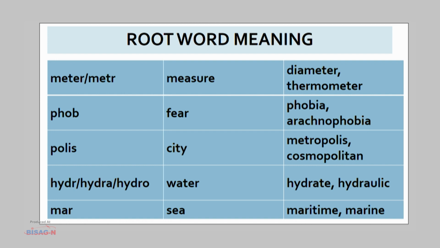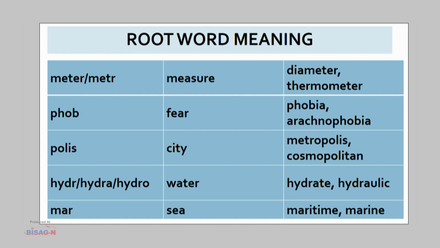Again, you can see I have taken some more root words for your understanding, so that if you come across these words, you are familiar, and when you read the questions after listening to the audio, you can guess the meaning of a particular word by understanding its roots. For example, meter. Meter means measure. Can you tell me what the diameter is?